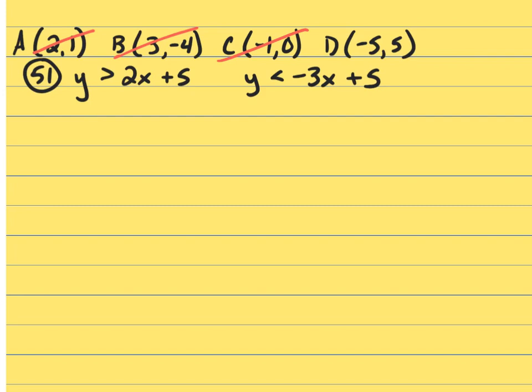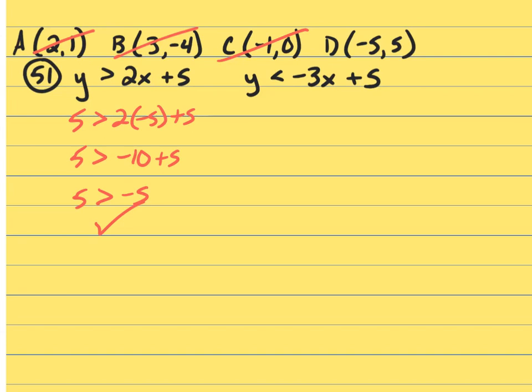All right, and just because I want to make sure that I got this right and I didn't make a mistake somewhere else, I'm going to try D, even though D is probably going to be my answer. So I'm going to plug this one in. 5 is my y, and negative 5 is my x. And I get 5 is greater than negative 10 plus 5, which means 5 is greater than negative 5. That is a true statement, so D works for the first inequality.